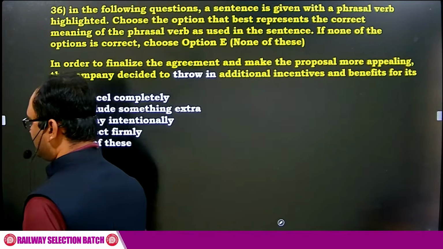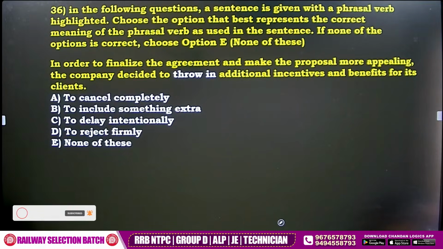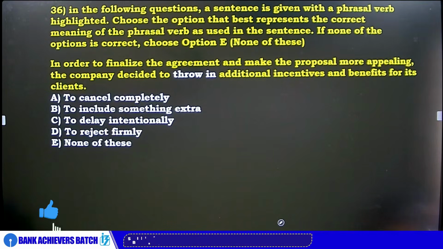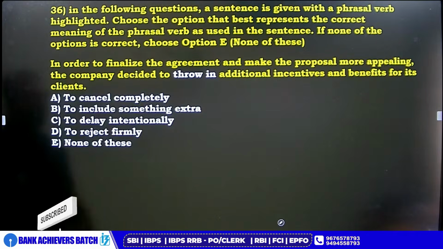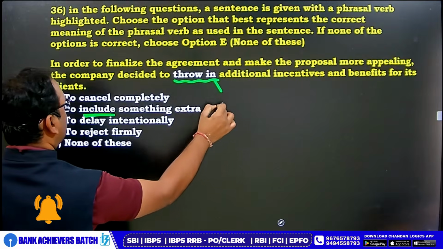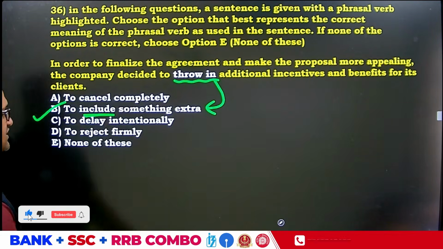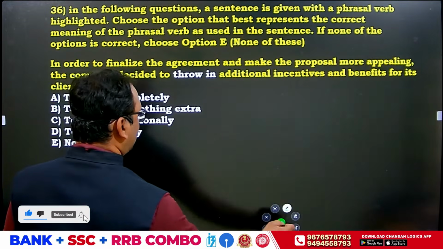If you don't know the idioms, don't worry guys. Go by the sentence. When you read the sentences, you will easily understand. Throw in means include. Throw in means include something extra.